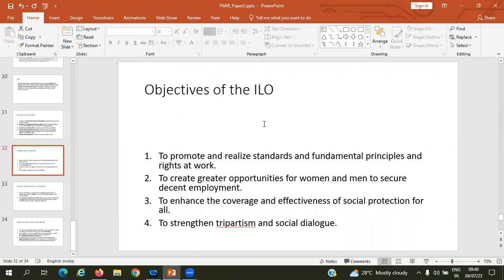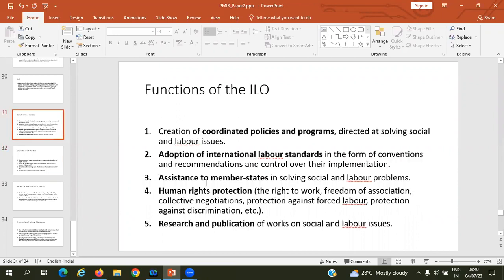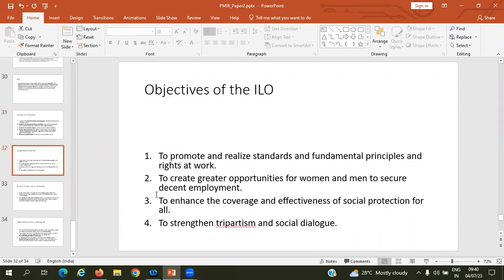So these are the main objectives of ILO. So we understood the functions, what it does, and what the objectives are. So now you understand the characteristics.